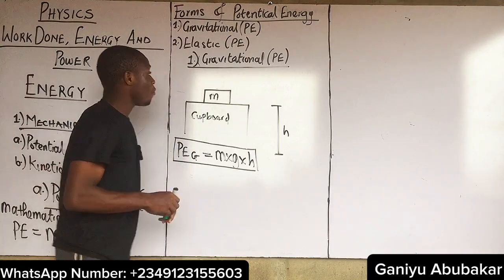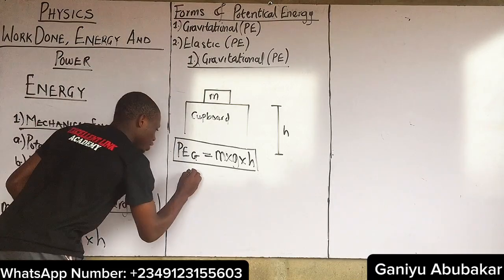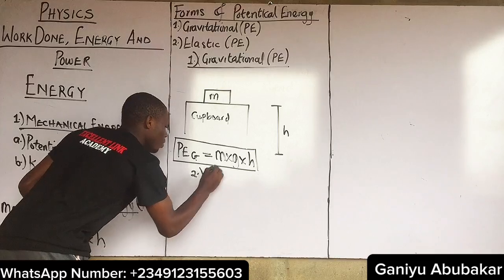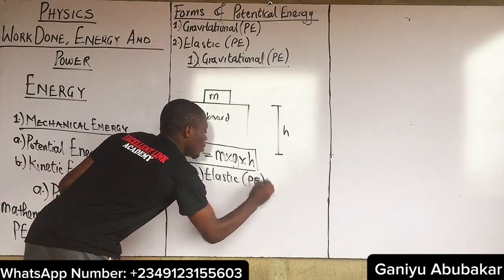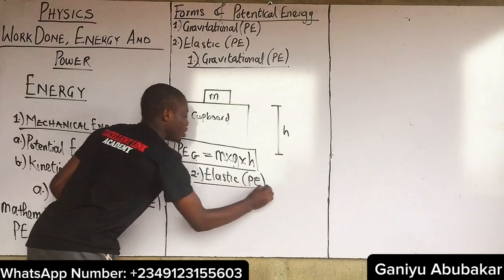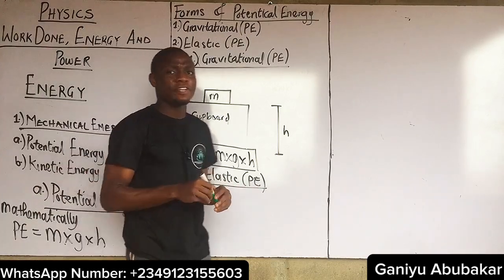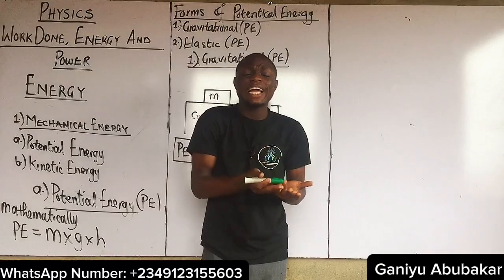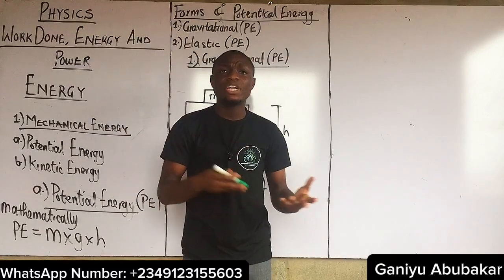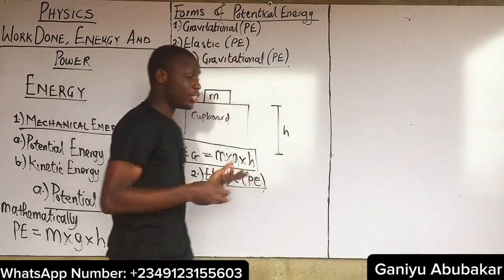Let's call the second form the elastic potential energy. By definition, elastic potential energy is simply the energy that occurs within a spring. Let's use a spring, right?